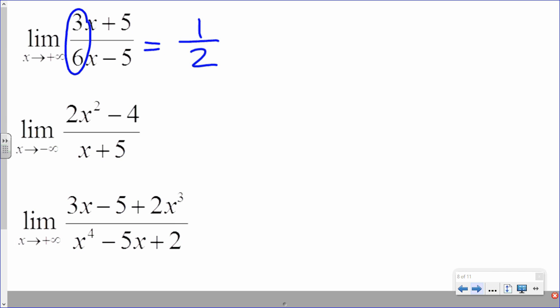I'm going to skip down to the third one. Please write this third one down. We're going to go out of order. Somebody, please tell me our horizontal asymptote rule when the denominator has a higher degree.